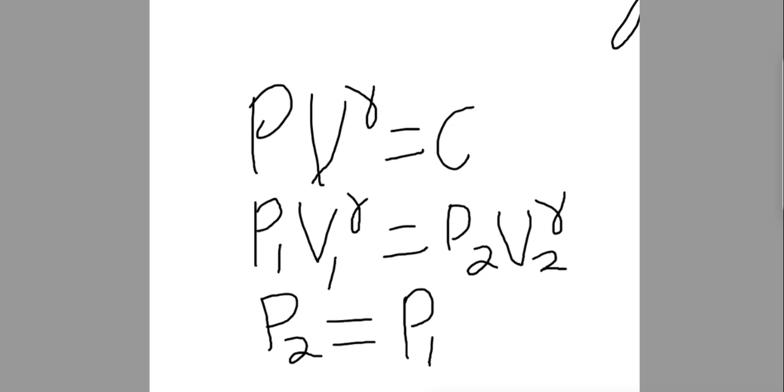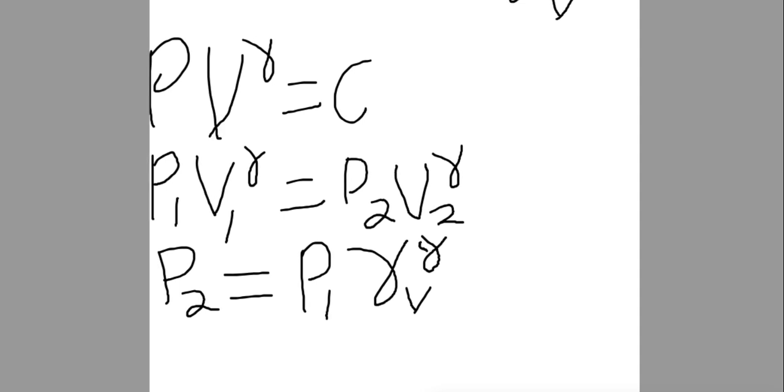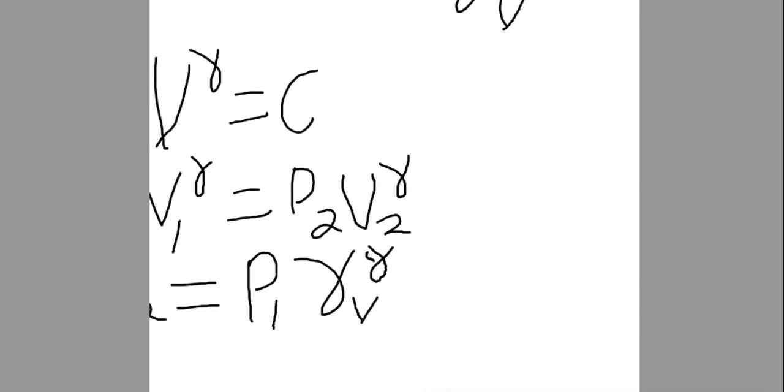V1 over V2 we know as the compression ratio, raised to power the value of gamma. We know our value for P1, we know our value for compression ratio, and gamma is equal to 1.4, a constant. So we just need to take note of that.